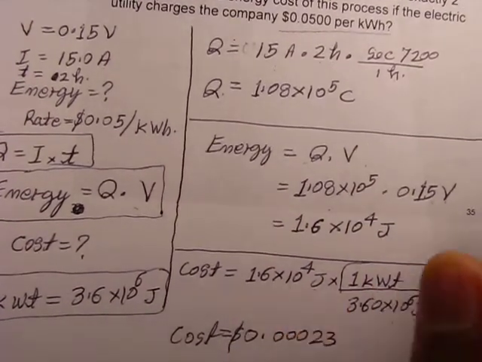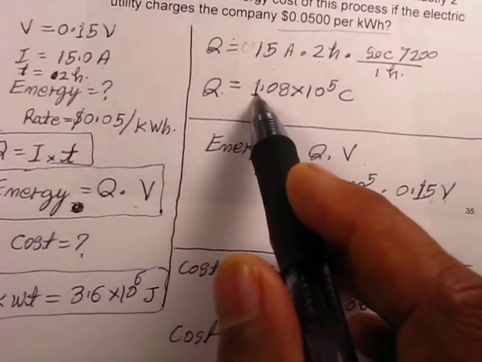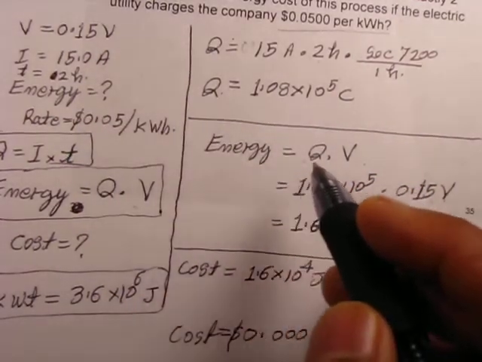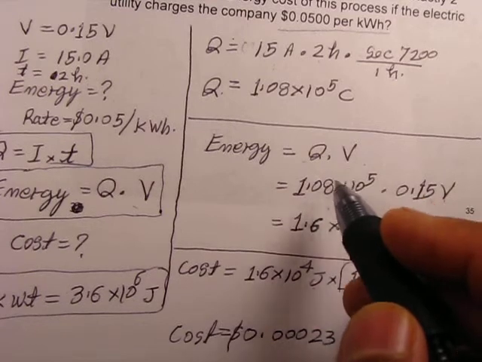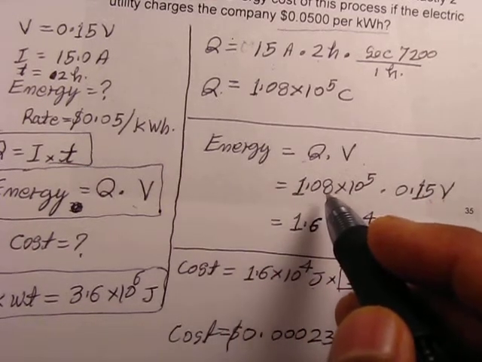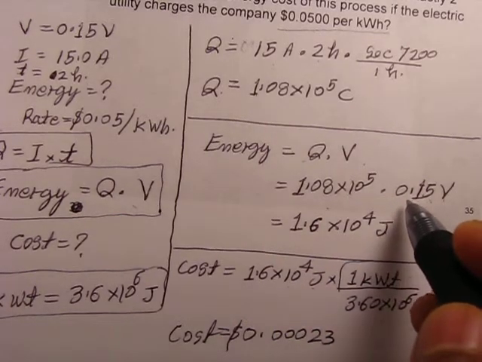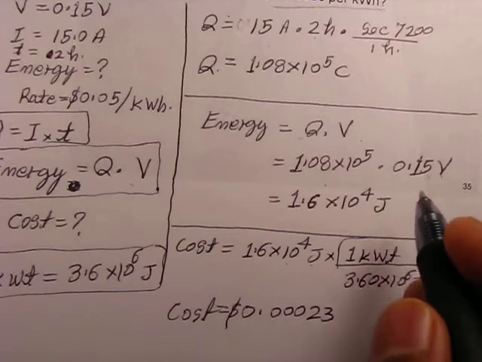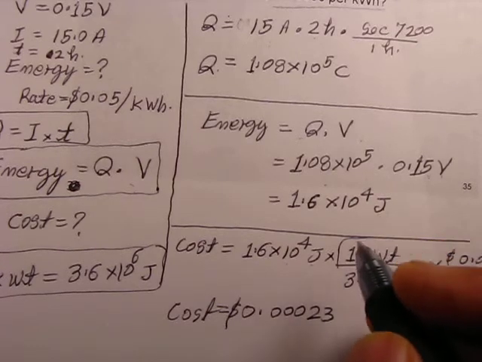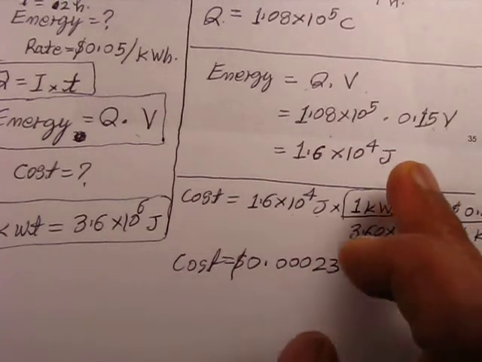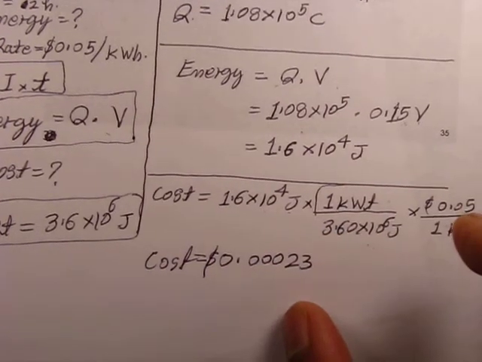Now that we know the total charge, we multiply by volt. Charge multiplied by volt is equal to energy, so 1.08 times 10 to the power 5 multiplied by 0.15 volt, which gives joules, about 1.6 times 10 to the power 4 joule. Then we use the rate to find out how much it will cost.